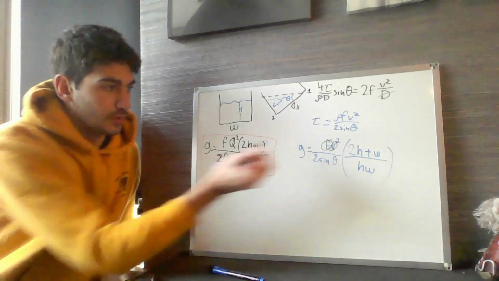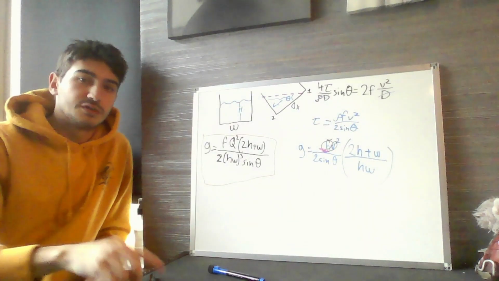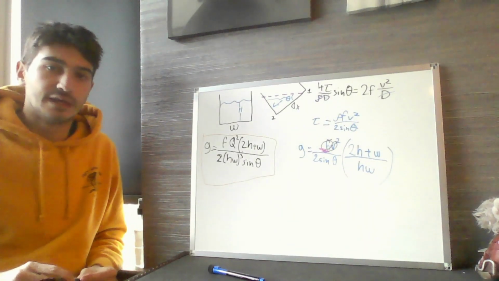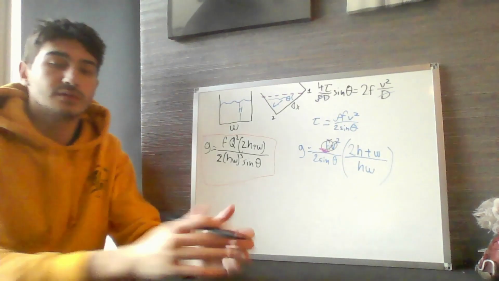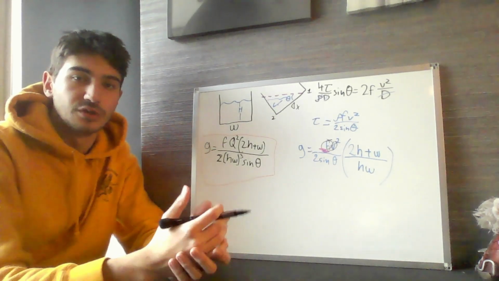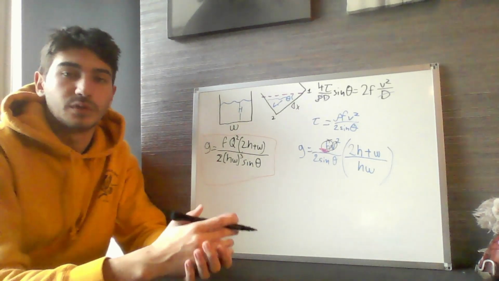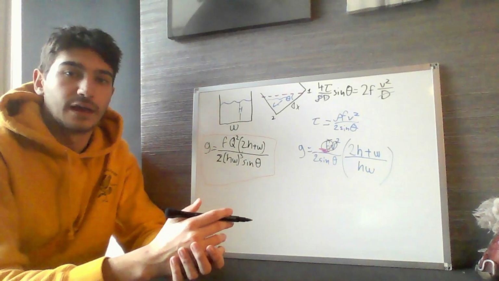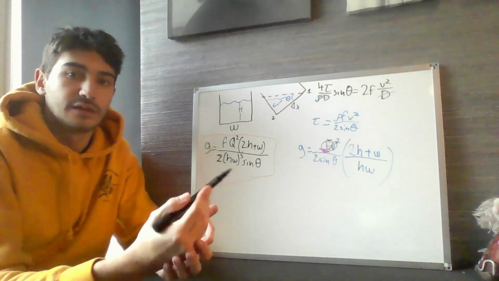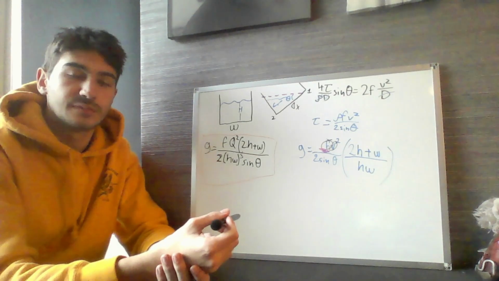a value for F, right? And if you may recall, in one of the earlier video series on this channel, we worked out an expression for Churchill. If you remember who Churchill was, he came up with a lot of useful expressions that help us derive the values for F in this expression.